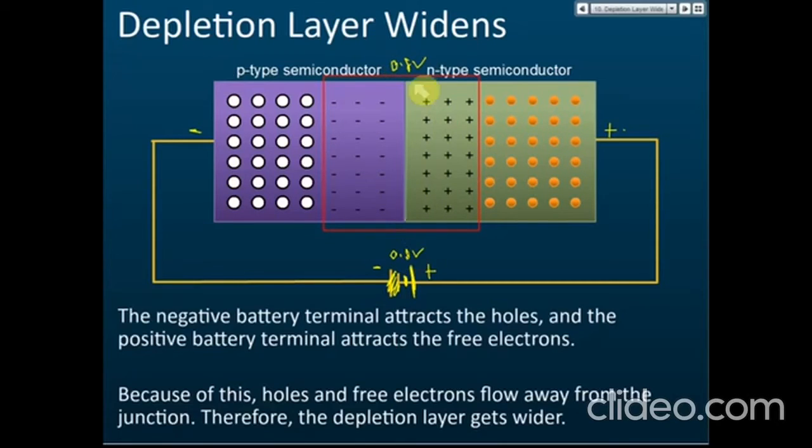So the negative battery terminal attracts the holes and the positive battery terminal attracts the free electrons. Because of this, holes and free electrons flow away from the junction, the depletion layer gets wider and the barrier voltage also increases. When the barrier voltage increases up to 0.8 volt, it stops there, and no current flows.